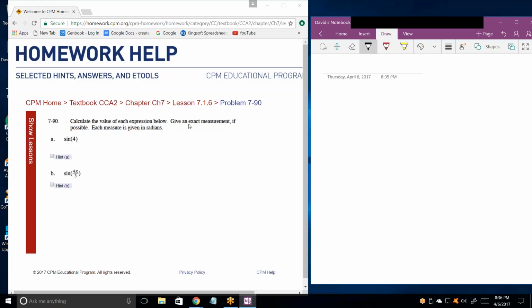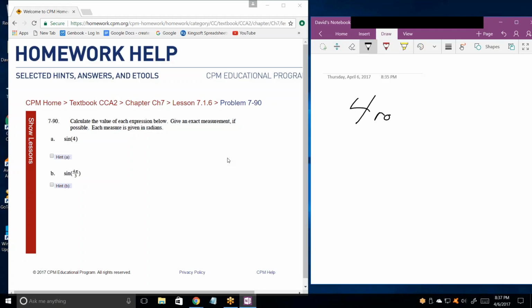Now, it says give an exact measurement if possible. Well, it wasn't possible with this one. I don't know what the exact answer is. I know it's some ratio, but first of all, I would have to figure out what that angle is. What is 4 radians? Well, I know 2 pi radians is 360 degrees, right?